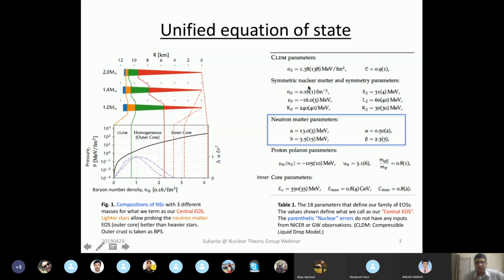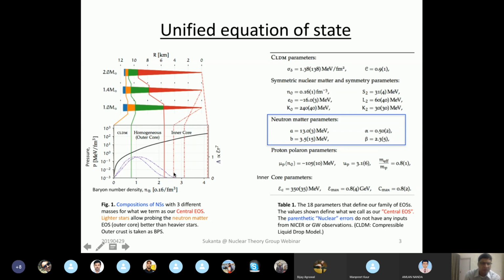And then we have the symmetric nuclear matter parameters as given here through the symmetry energy, the slope of the symmetry energy, the incompressibility parameters. And then we have a double polytrope to describe the homogeneous neutron matter in the outer core. A and B are the coefficients in that double polytrope. Alpha and beta are the exponents. And then there are the proton-polaron parameters and also the inner core parameters, but more about that in some minutes.